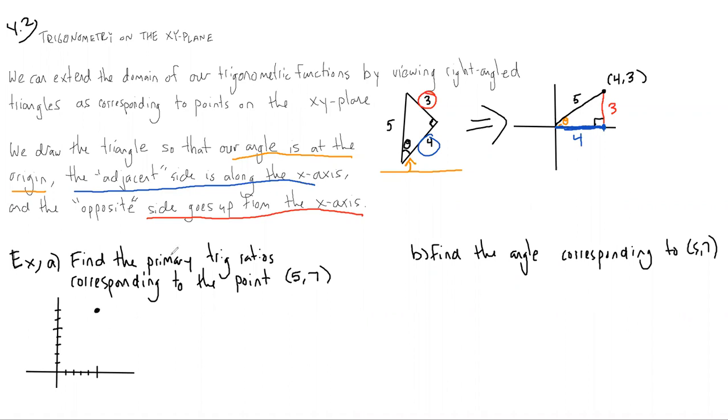Okay, so there's my point 5, 7. I'm going to draw the same type of triangle. The base of the triangle is going to run along the x-axis, and then I'm going to go up from there to my point and complete that triangle.